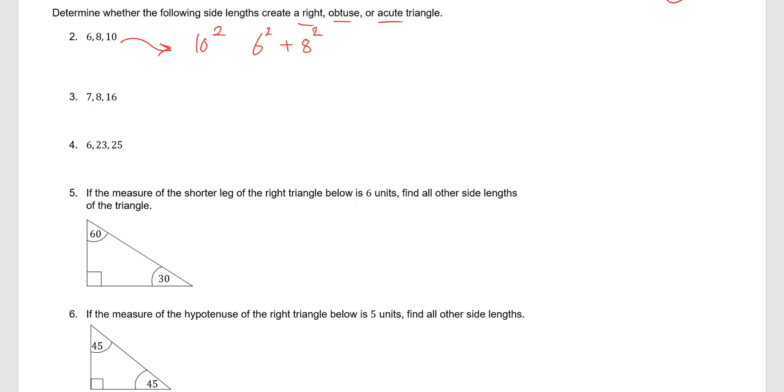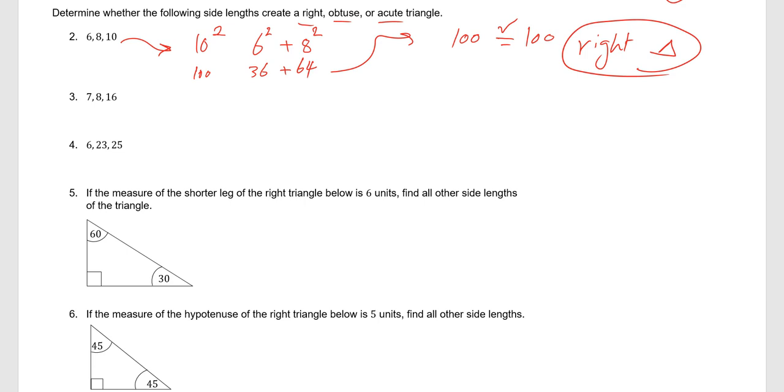So 10 squared is 100, and 6 squared is 36, 8 squared is 64, and then 36 plus 64 is 100. So 100 is equal to 100. Therefore, this is a right triangle.